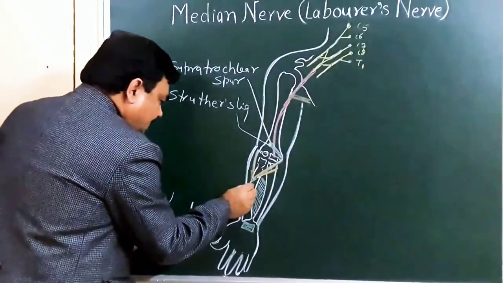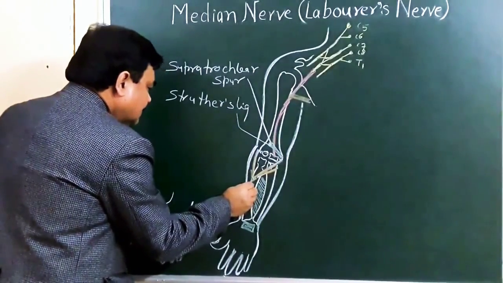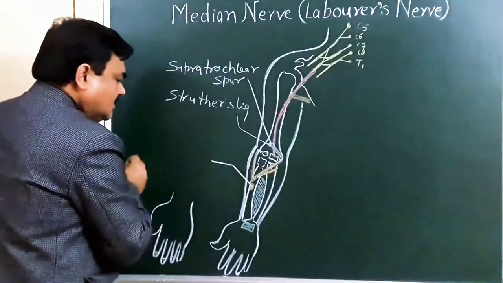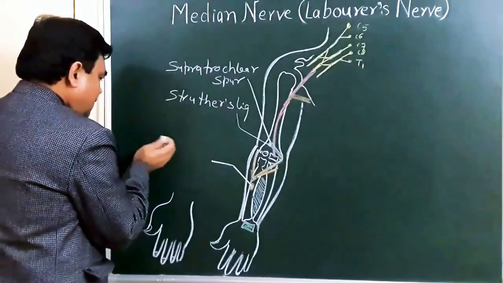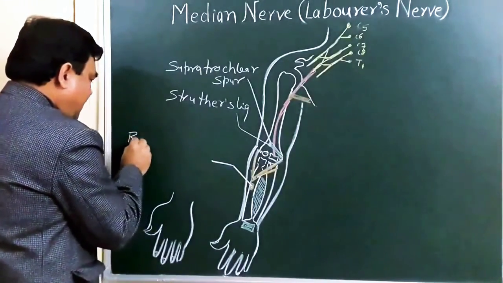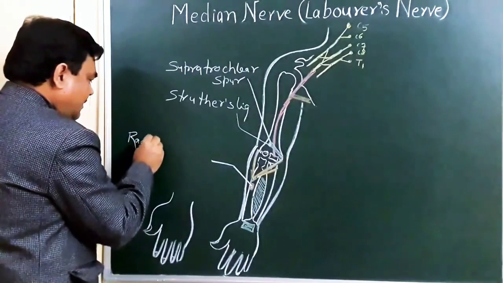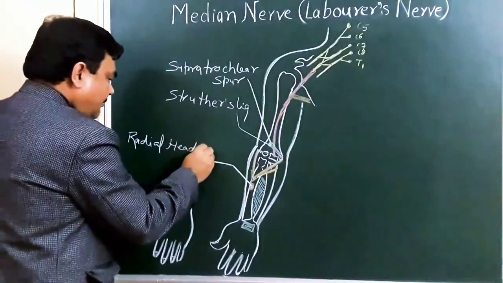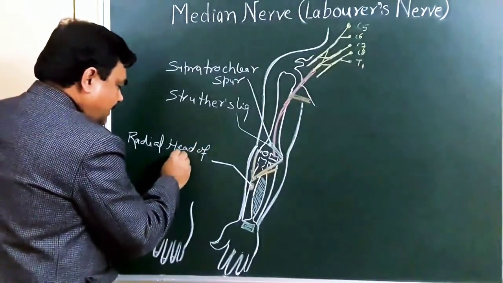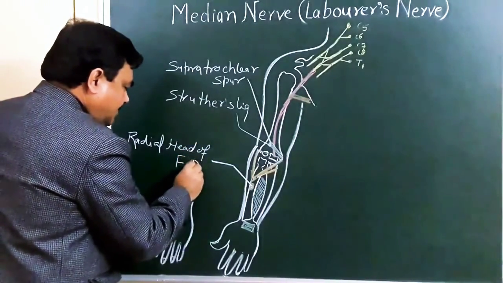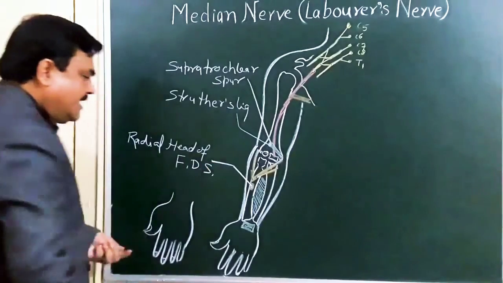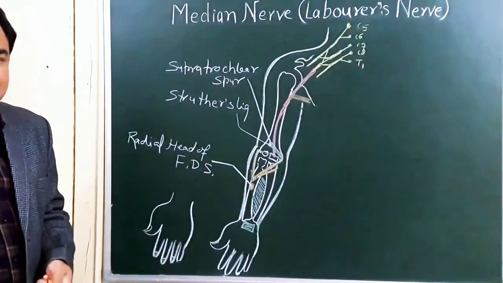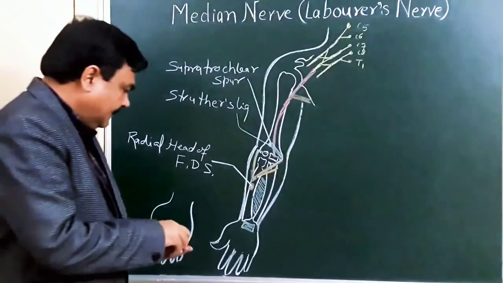This muscle is the radial head of the flexor digitorum superficialis.